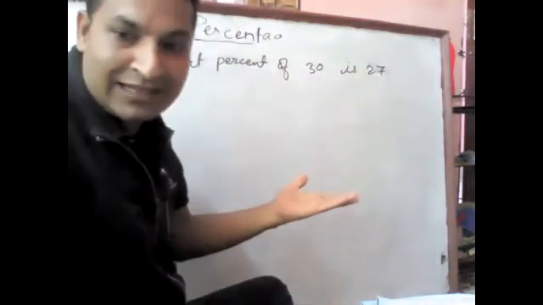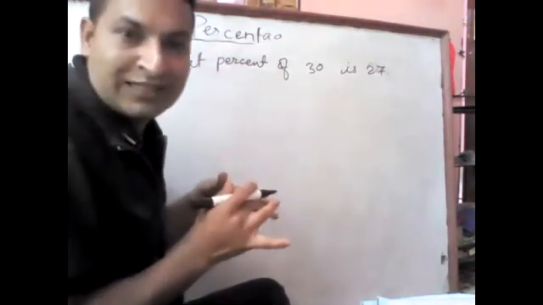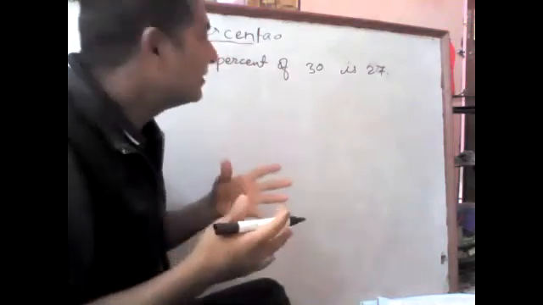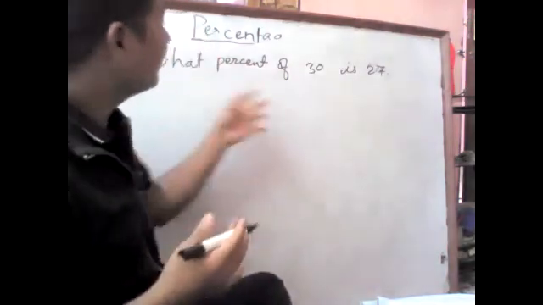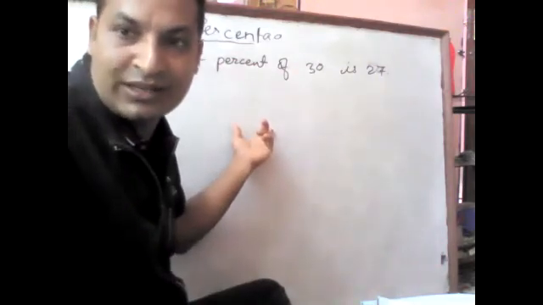You know already, that is 90 percent. But how to find it by process, so that we can solve such questions for any numbers given?